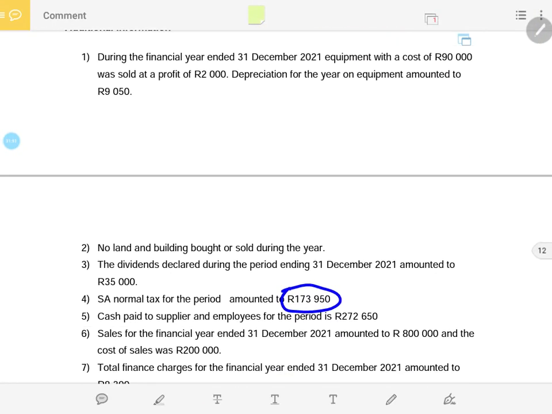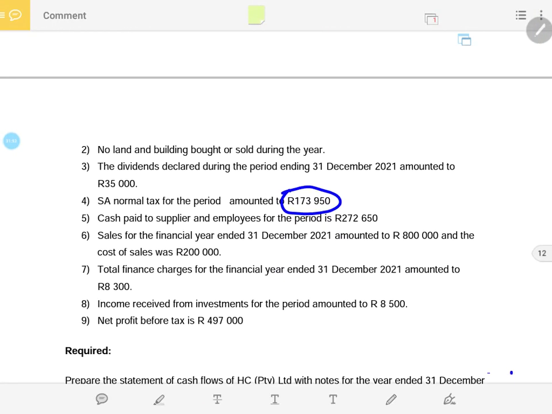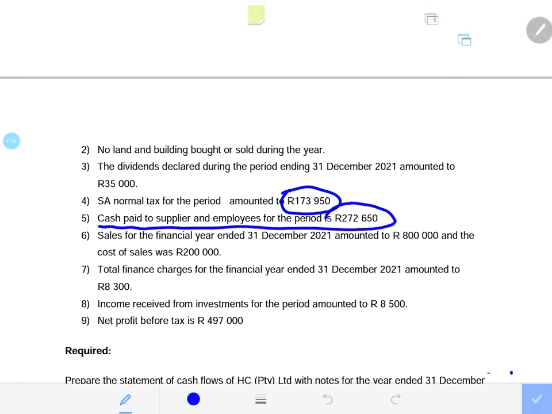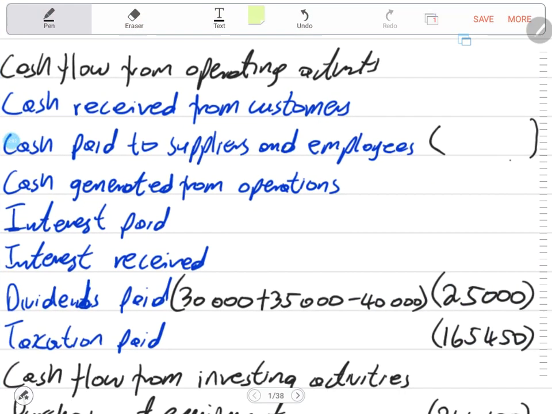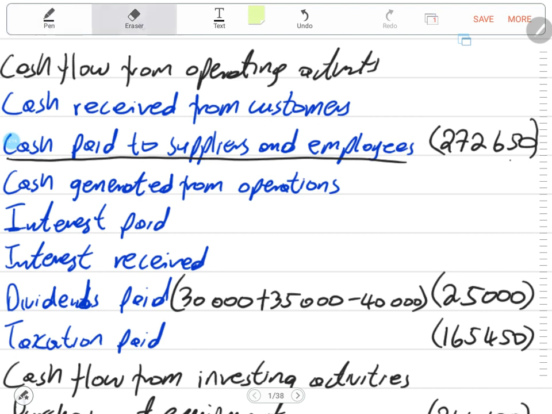Then after tax, we are told that cash paid to suppliers and employees amounted to 272,650. The 272,650 goes under cash paid to suppliers and employees.